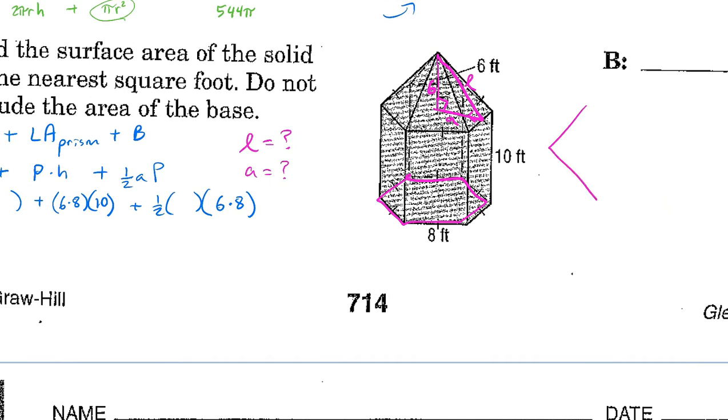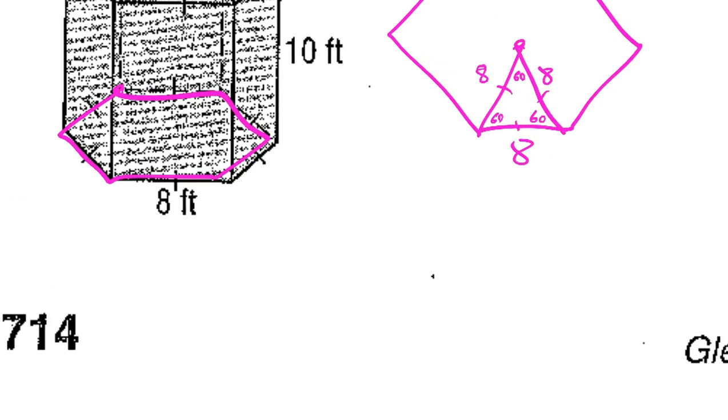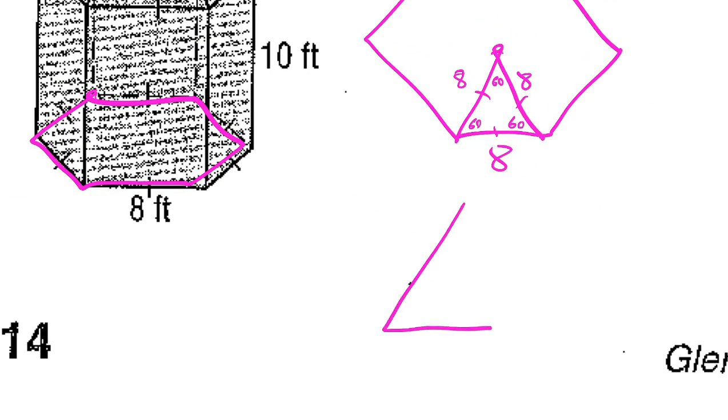In a regular hexagon, this is a side of 8. We split it up into triangles. The central angle, 360 divided by 6, is 60 degrees. Each of these is 60, and only in a regular hexagon do we get an equilateral triangle, 8 by 8 by 8. To find the apothem, we cut that down the middle and the base gets split into 4 and 4, with angles 60, 30, 30, 60.